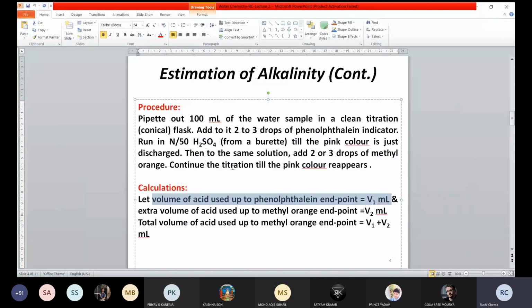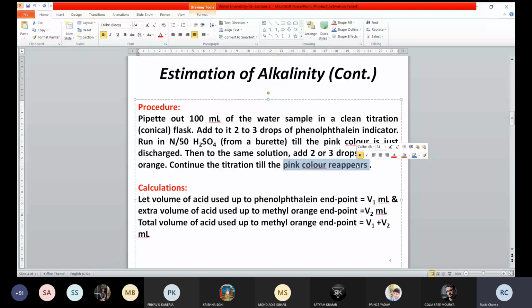You will continue from that very point, and add extra acid after V1 to get the methyl orange endpoint, when you will see the color transition from yellow to reddish pink. That is, the pink color will reappear. At phenolphthalein endpoint, the pink color disappears. At methyl orange endpoint, the pink or reddish color reappears.